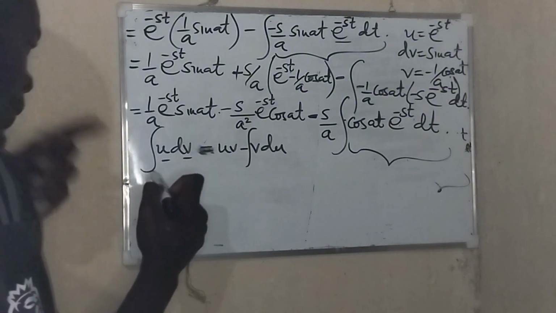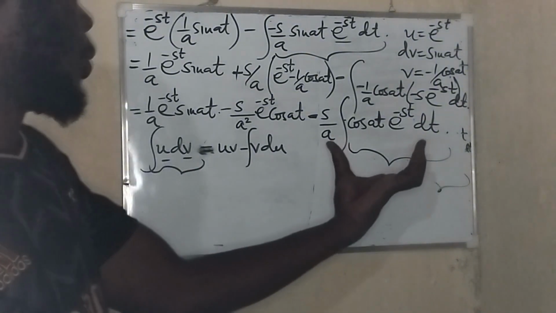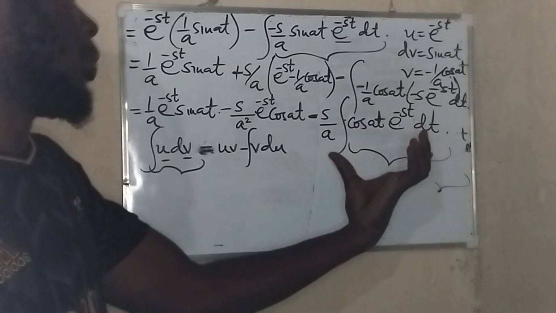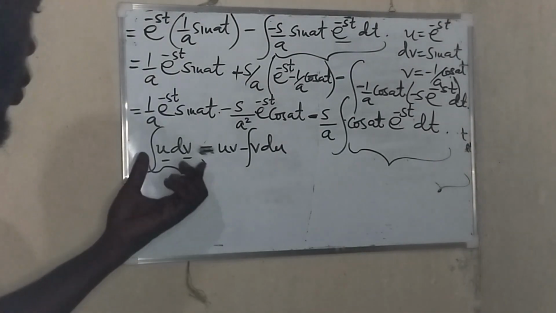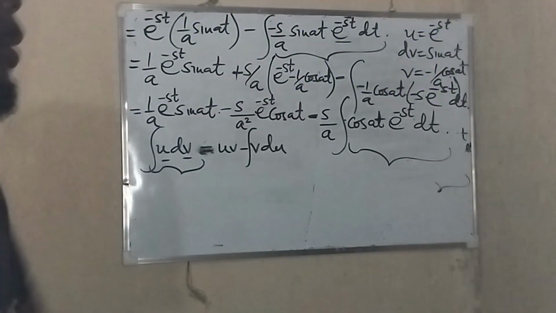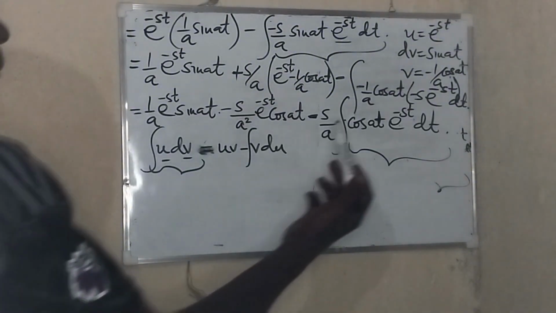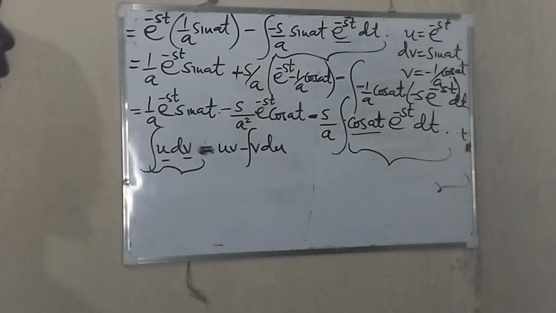So it is the same as this part. So now we are going to collect on one side, because when we started our u was exponential negative st, then our f of t we have cos at.